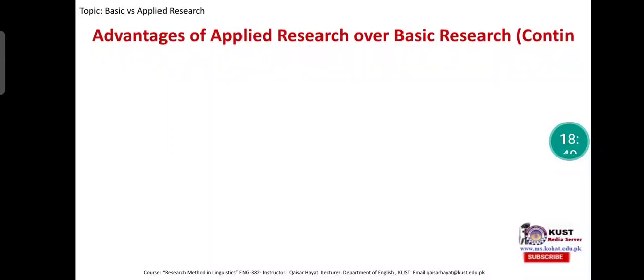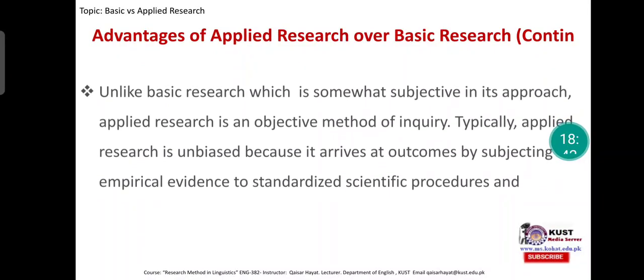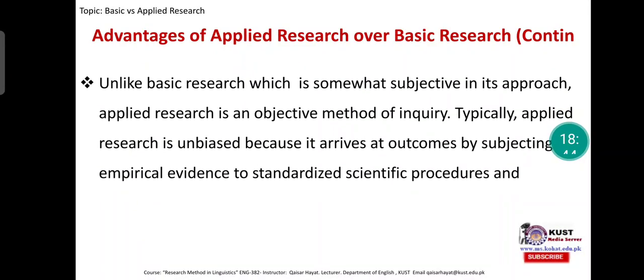After it, now some more advantages of applied research. Unlike basic research, which is somewhat subjective in its approach, applied research is an objective method of inquiry. Typically, applied research is unbiased because it arrives at outcomes by subjecting empirical evidence to standardized scientific procedures.